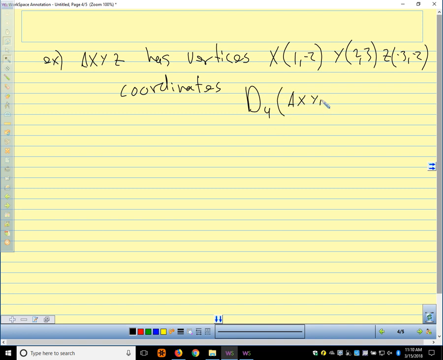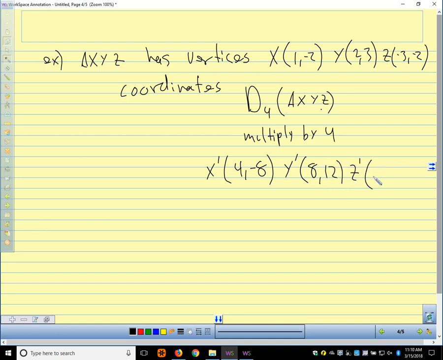But do you only multiply the x or y coordinate, or do you multiply everything? Yeah, you multiply everything. So all we have to do is multiply by 4. So X prime is going to be (4, -8). Y prime would be (8, 12).